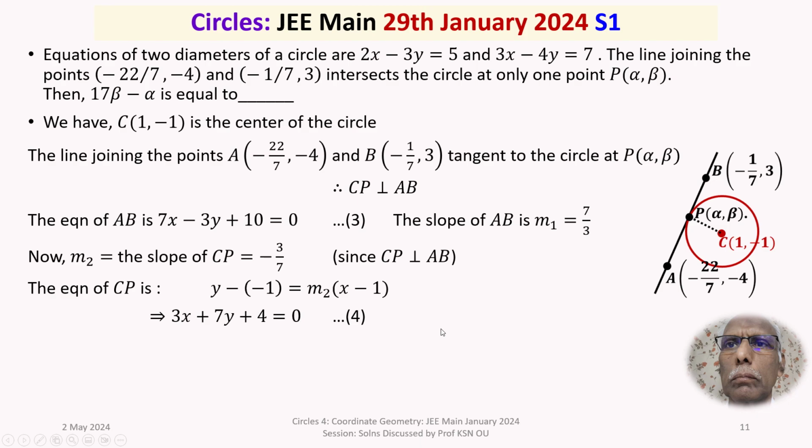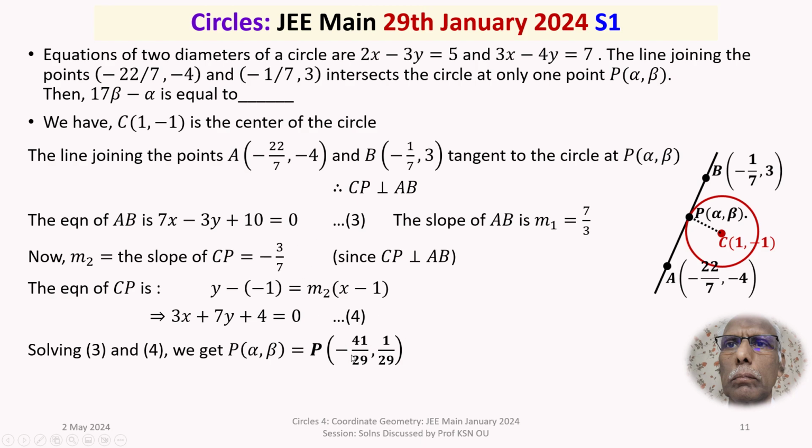And the point of intersection will be the point P with coordinates alpha comma beta. Now solving 3 and 4, we get P alpha comma beta, that is P with coordinates minus 41 by 29 comma 1 by 29.